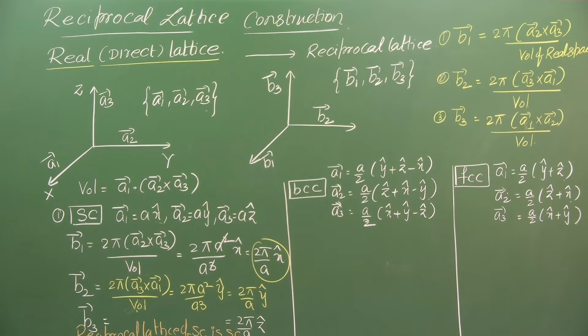And write the conclusion: reciprocal lattice of BCC is FCC, reciprocal lattice of FCC is BCC. Find each and everything. Practice, practice. A definite 100% sure question for the GATE exam.